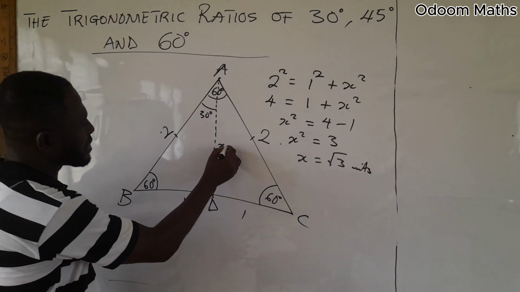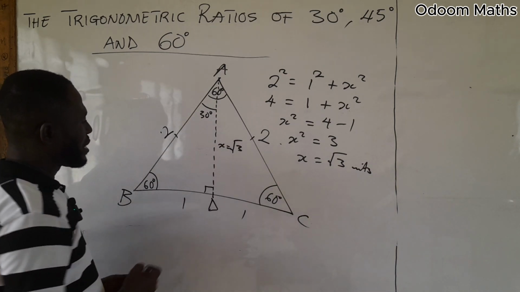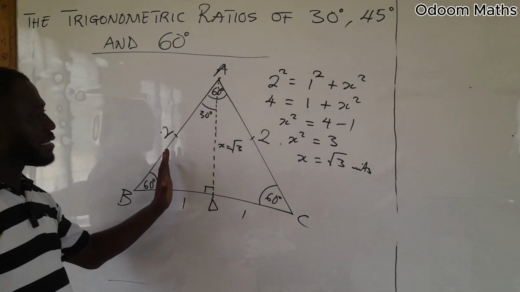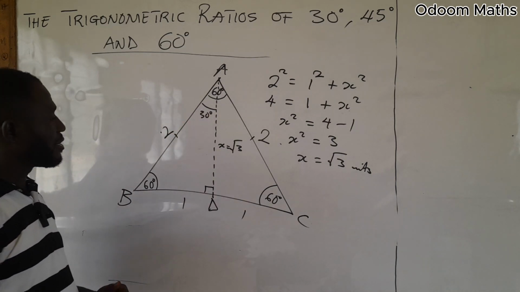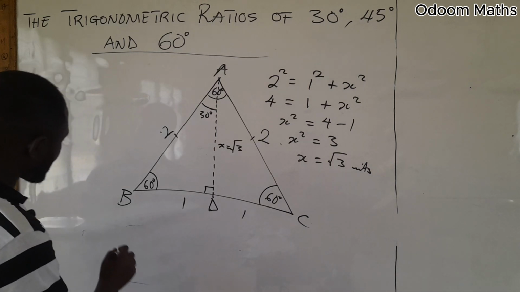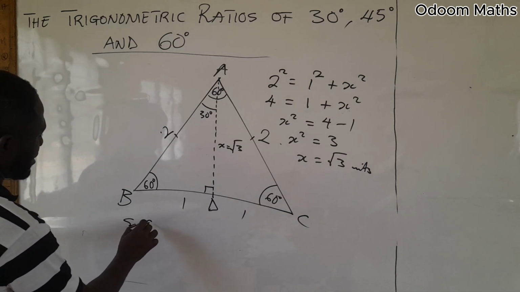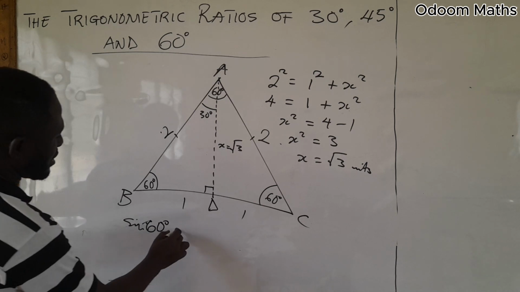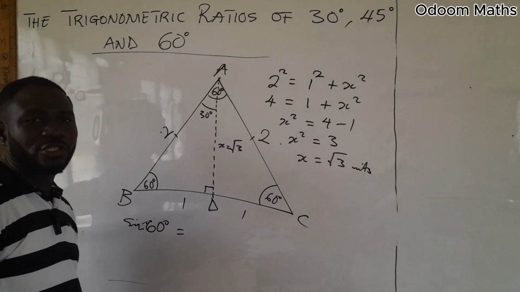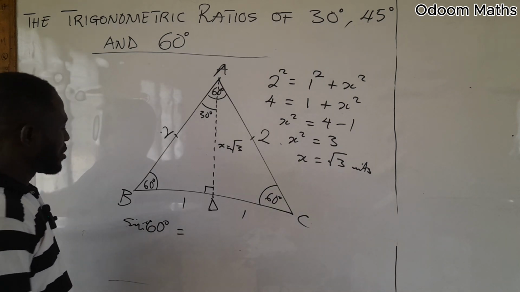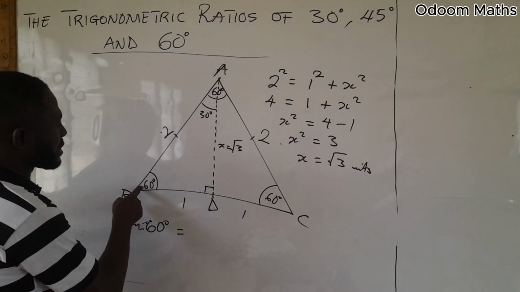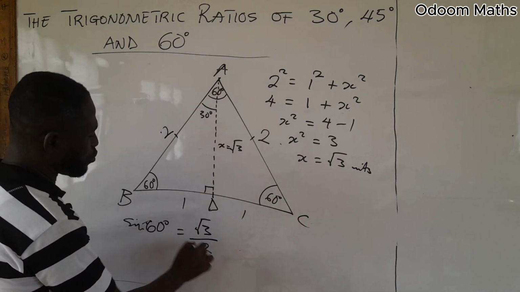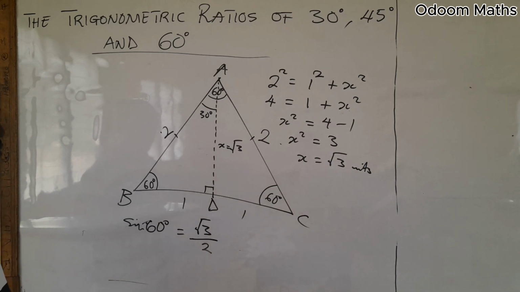Now, if this is root 3, then we can talk about the 60 and 30 degree angles. Then after, we'll look at the 45 degrees. So sine 60 degrees is equal to, sine is opposite over hypotenuse. This 60 faces the root 3 side, so that's going to be root 3 over 2.